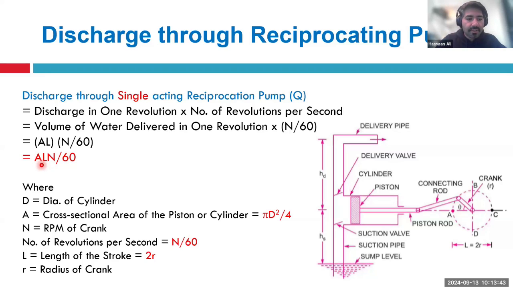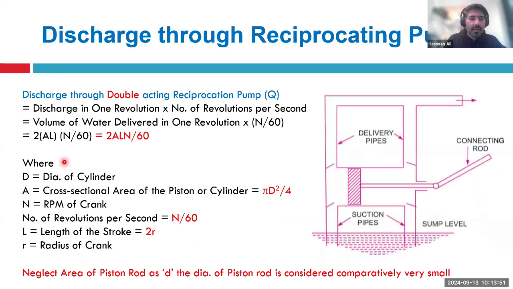L is the length of the stroke. And N is your number of revolutions. In the double acting one, you will multiply that with 2 because essentially you are doubling your discharge. Every stroke you are having a discharge, so multiply that with 2.